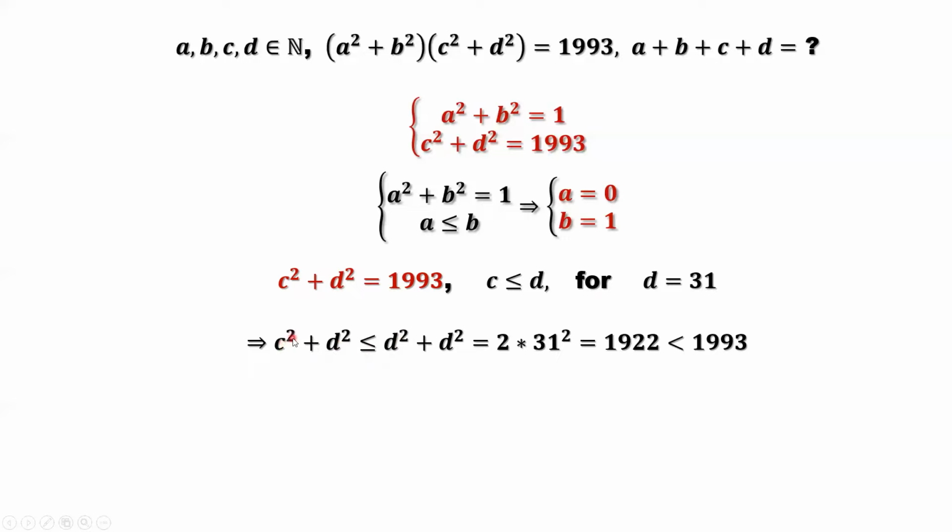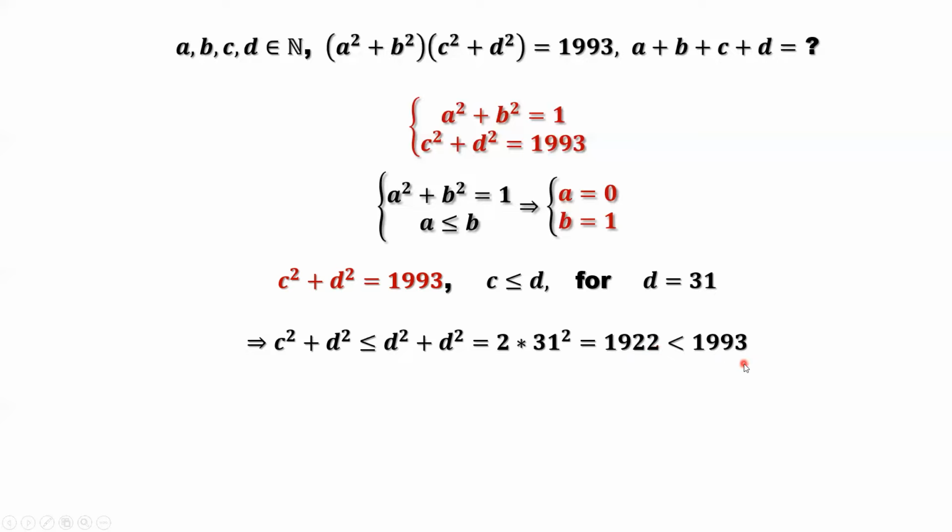If we replace c squared by d squared, because c is less than or equal to d, we have 2 times d squared, which is 2 times 31 squared, equals 1922, which is less than 1993.